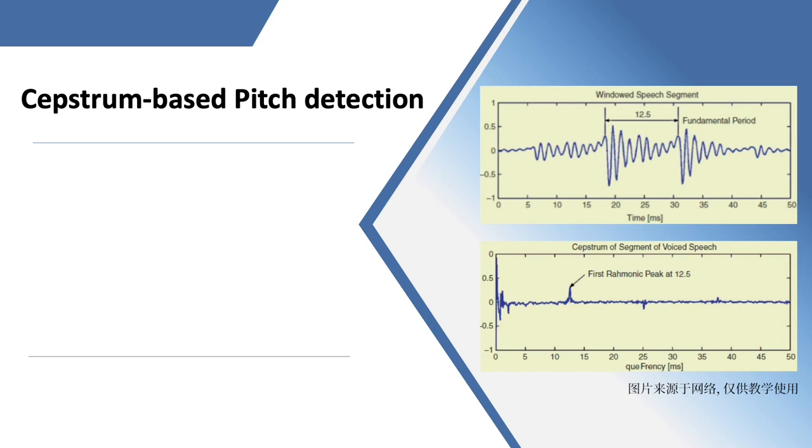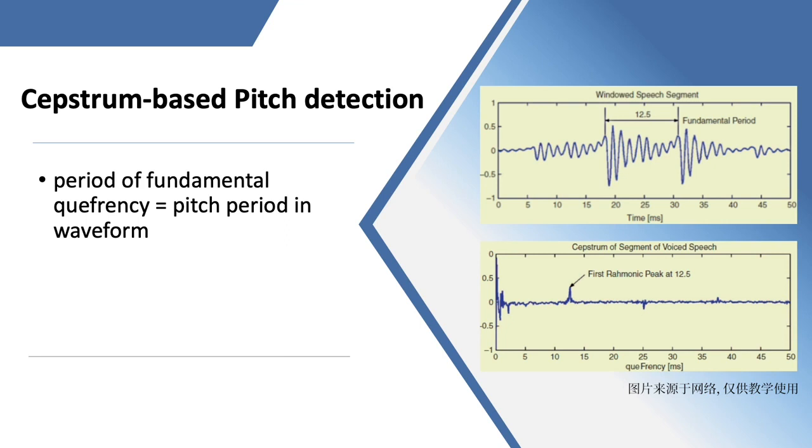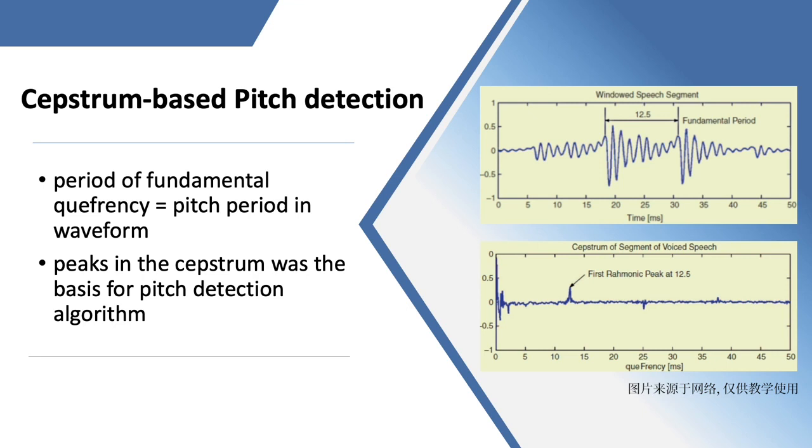To obtain an estimation of the fundamental frequency from the cepstrum, we look for a harmonic peak in the region corresponding to typical speech fundamental frequencies. As can be seen from comparing the speech segment to its cepstrum, this fundamental frequency is also the pitch period of the time waveform. The search for such peaks in the cepstrum was the basis for the pitch detection algorithm.